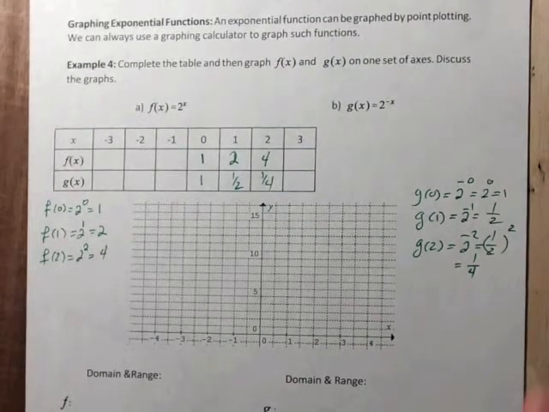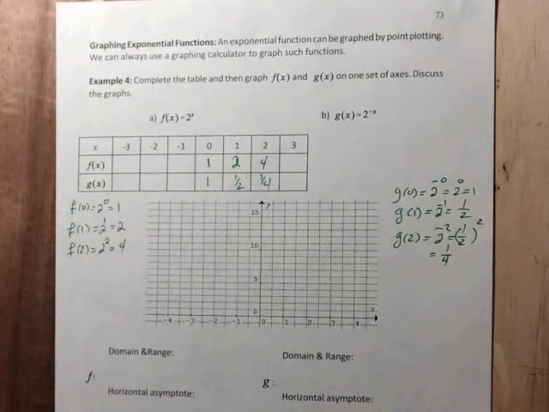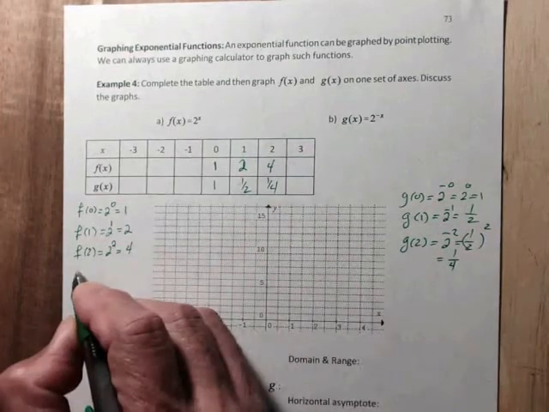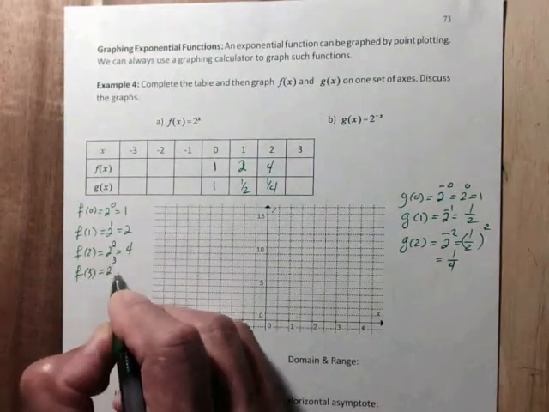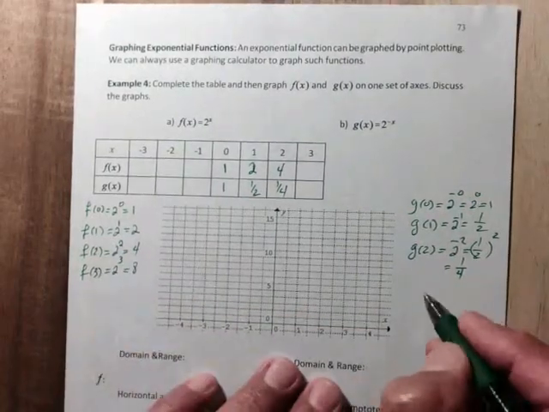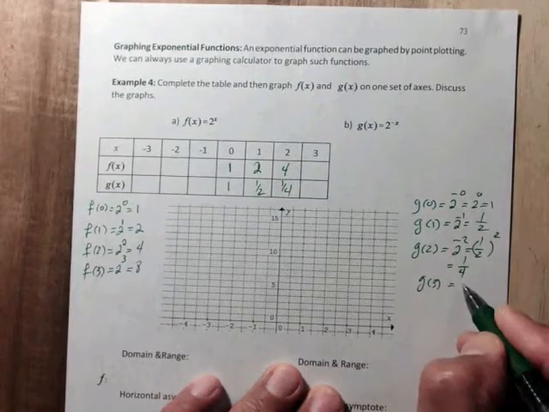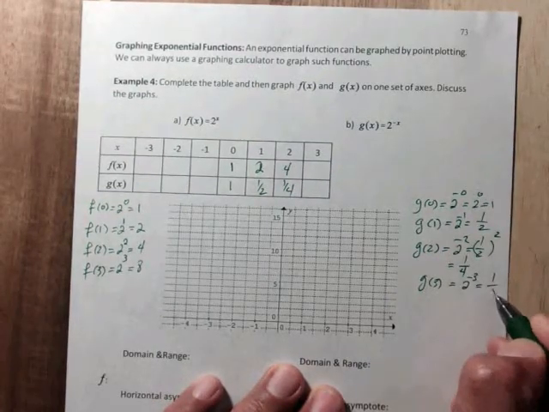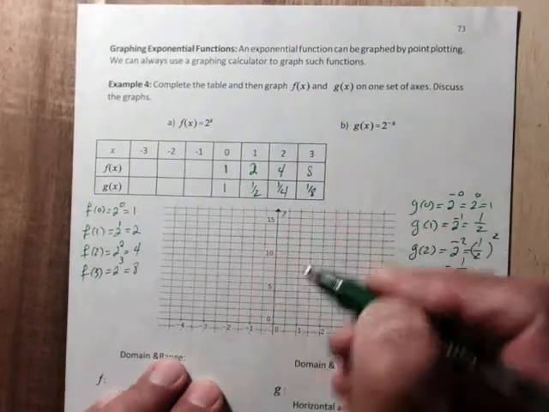Okay, that's better. Let's try 3. f of 3 is 2 to the 3rd power, which is 8. g of 3 is 2 to the negative 3, which is nothing but 1 over 8.